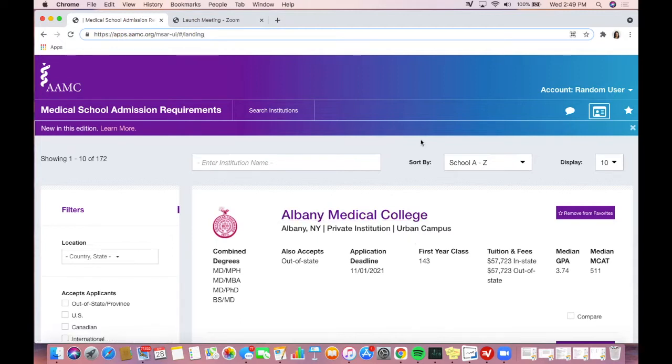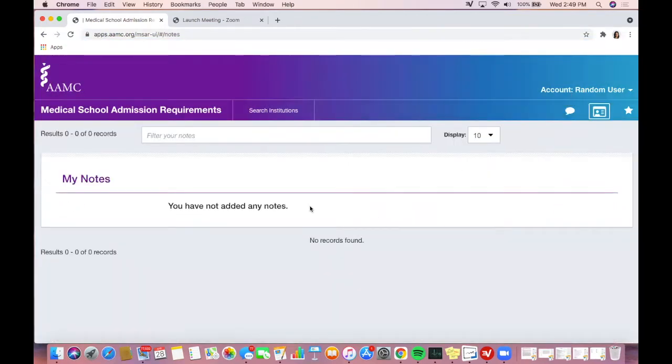First of all, there are a couple of features up here on this toolbar that you should be aware of. If you click here, this speech bubble, you can take notes. These are your notes that you can add about schools, maybe impressions that you have, whatever you like.